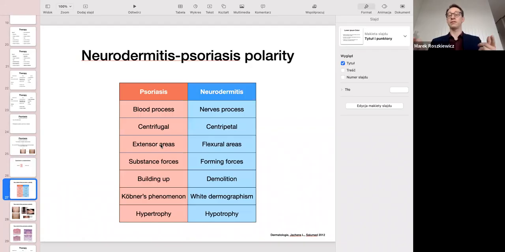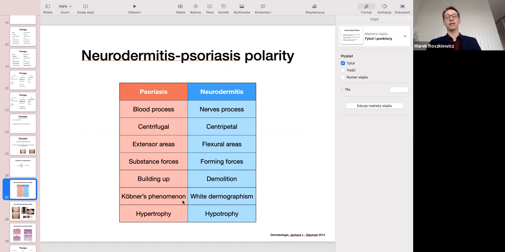And also it is, for the dermatologist, quite interesting to see that the usual location of atopic dermatitis is flexural areas, when the elbow is going to flex. And for psoriasis, it's a completely different location, completely opposite. As we said, the form-giving forces, and substance processes, building up and destruction, and which is quite interesting as also a polarization, is white dermographism and Koebner's phenomenon.